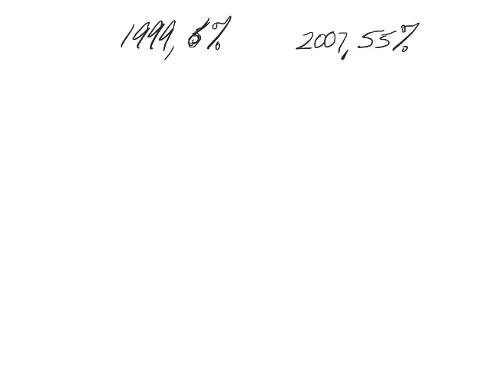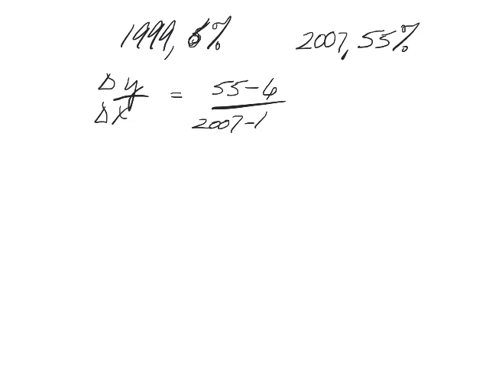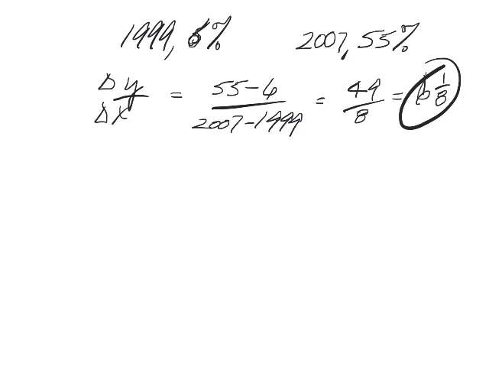Okay, so what we have is our rise over our run, or our change in y over our change in x. So our change in y is going to be 55 minus 6, that's a change in the y values, over 2007 minus 1999, which is going to be 49 over 8, or 6 1/8 for our average rate of change.